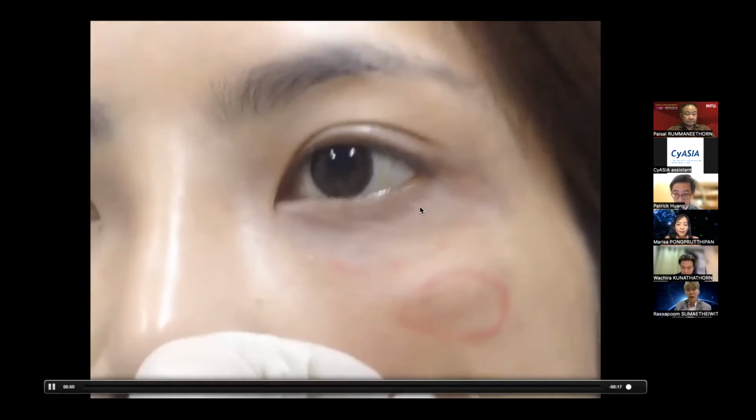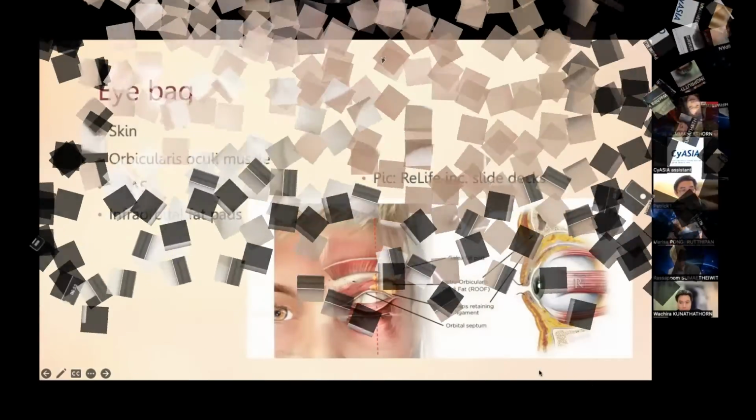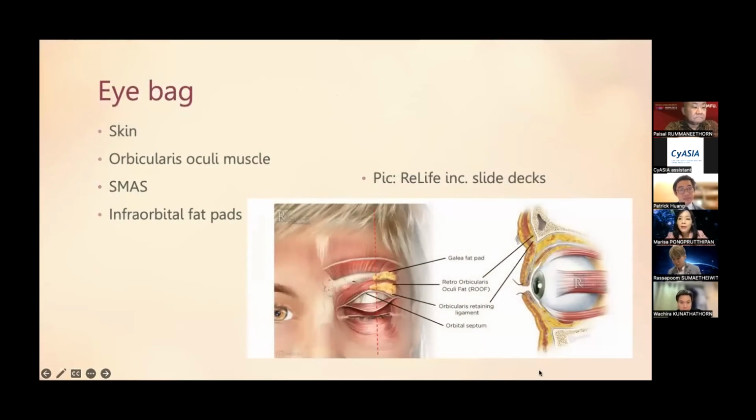the orbicularis retaining ligament. For eye bags, the appearance involves the skin and ocular muscles that have laxity because of aging, and also the combination of the skin and the fatty tissue that support the eyelids, the so-called SMAS, and the protrusion of the infraorbital fat pad.